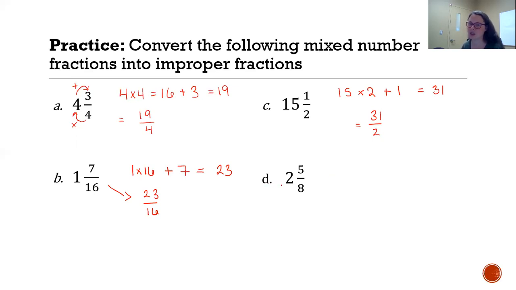And then for D, 2 5/8, same scenario. 2 sets with 8 in each set, plus 5 in the part set, equals 16 plus 5, leaves us with 21. 21/8 is our total. You'll notice in every single case, the denominator has never changed. It always is the same.